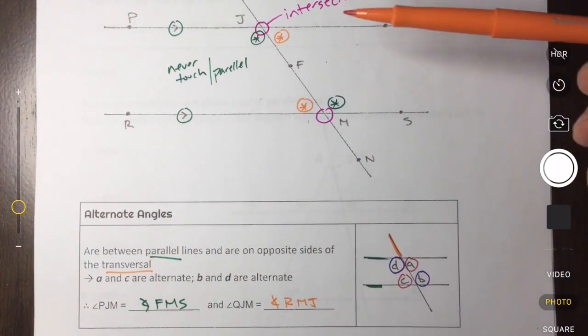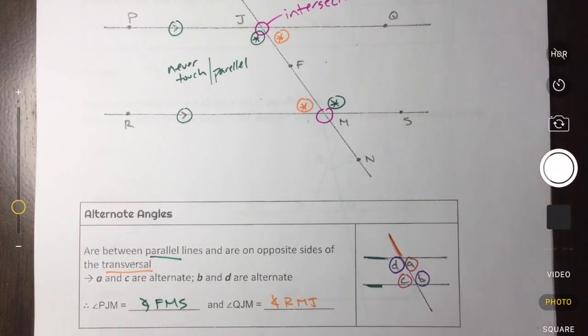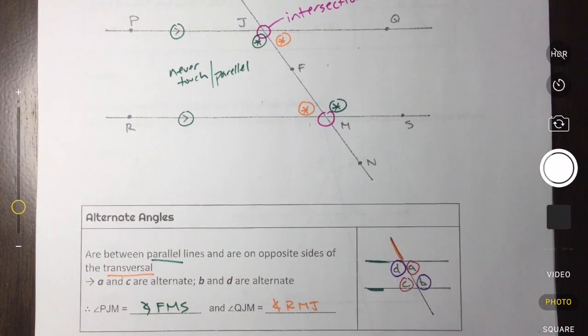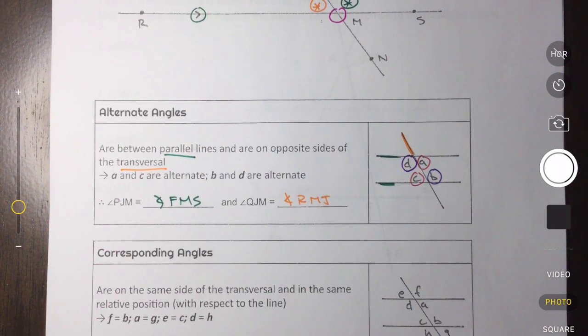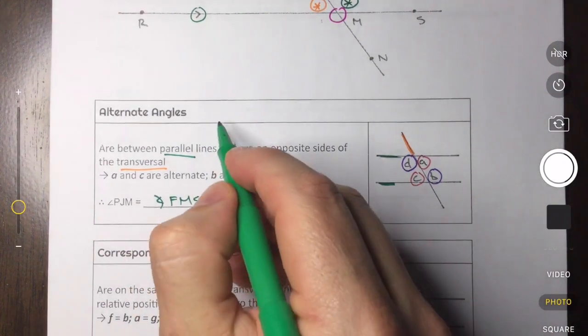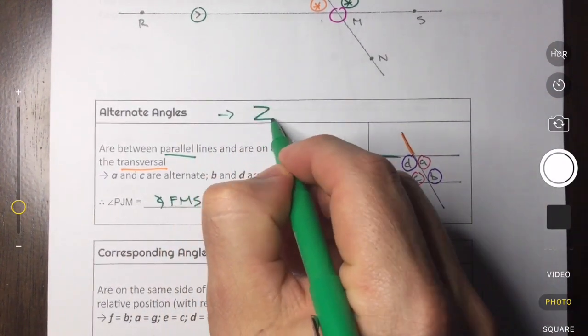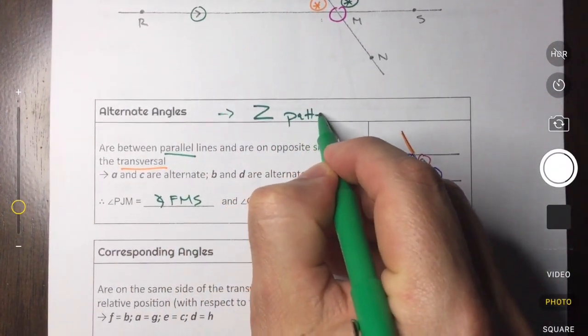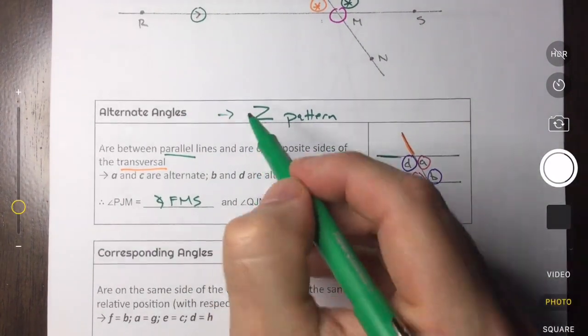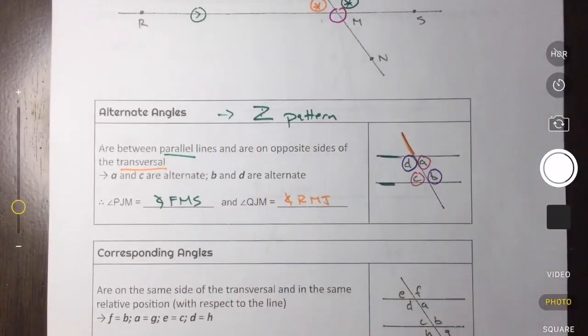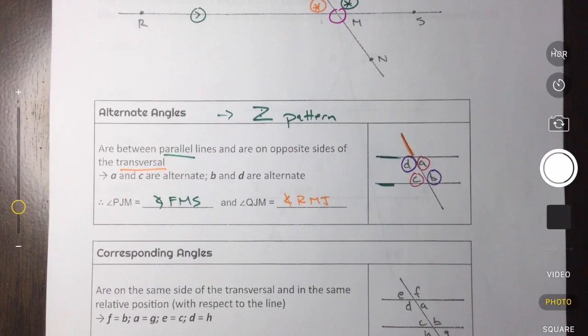But again, most importantly, between my parallel lines on opposite sides of my transversal. So one thing that hopefully you've realized is that with our alternate angles, what we're actually creating, or what we can look to help us, is something like a Z pattern. That's going to help us right there and there, tell us that those are the same measurements.